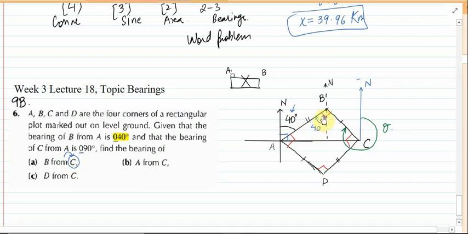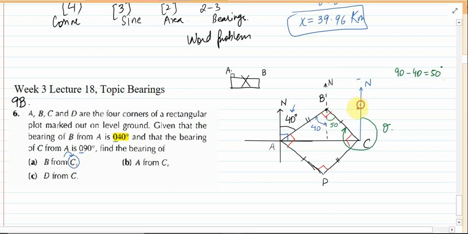Now this total red angle marked is 90, and in this 90 degree angle this part is 40 degrees. We can find the remaining part: 90 minus 40 equals 50. That means this part here is 50 degrees, right?